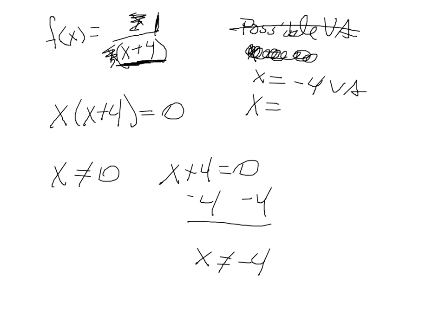Now x can't equal 0 in the original function. It's still excluded from the domain, but at x equals 0, we don't have a vertical asymptote, we have a hole.